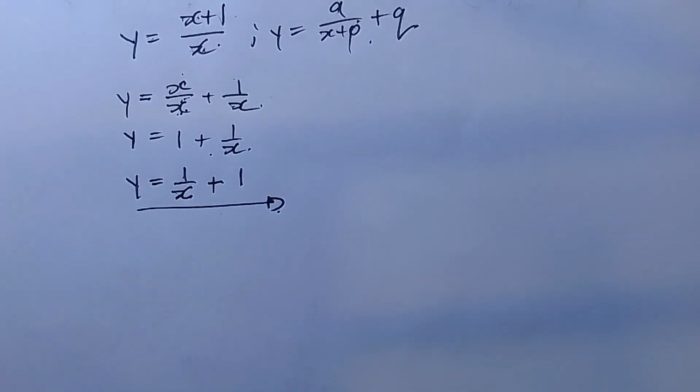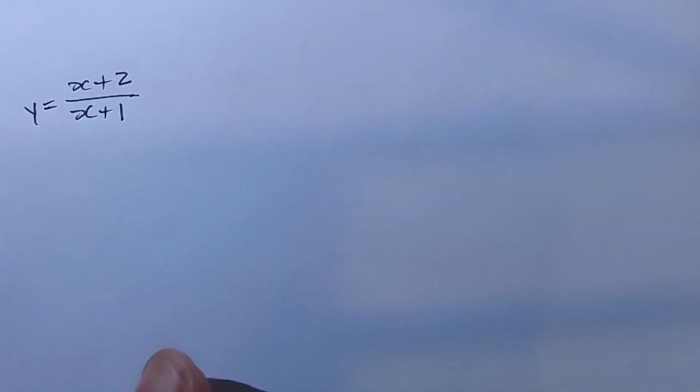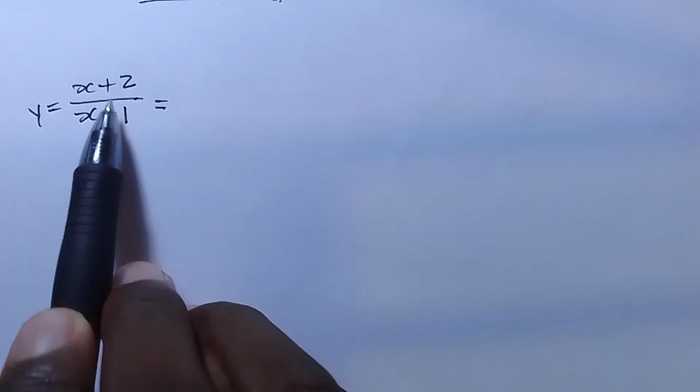Now let's move on to the next one. The next one is x plus 2 divided by x plus 1, right? That's your y. You have to write it in that form. So for this one, what you do is you say we need to have x plus 1 in the numerator.